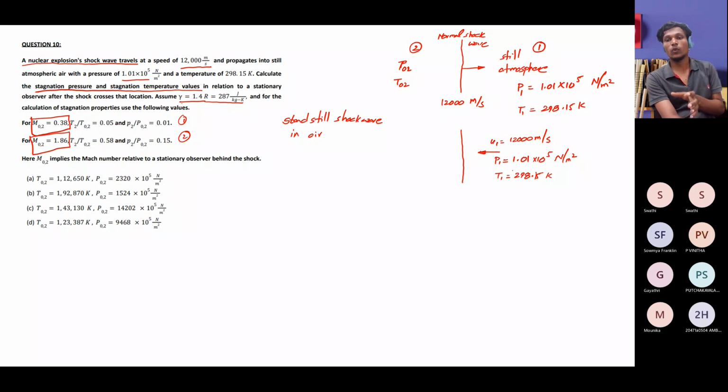So a flow with these properties is crossing this normal shock wave and will convert into some other properties. So let's find out the Mach number ahead of this normal shock wave.